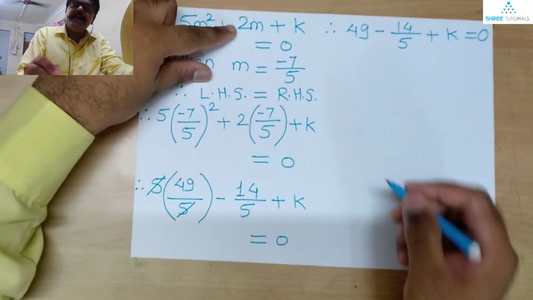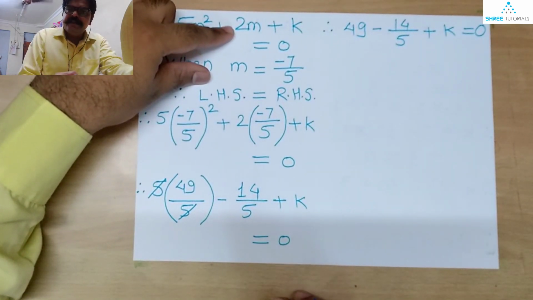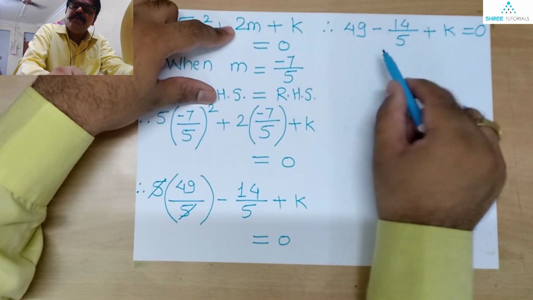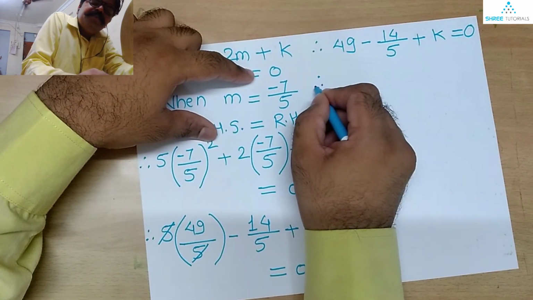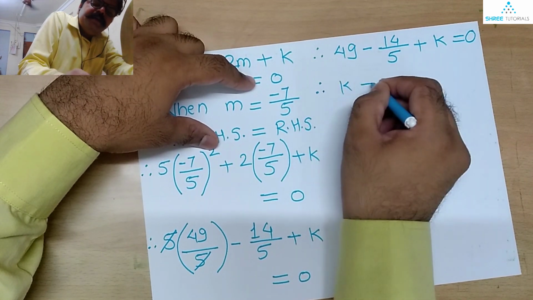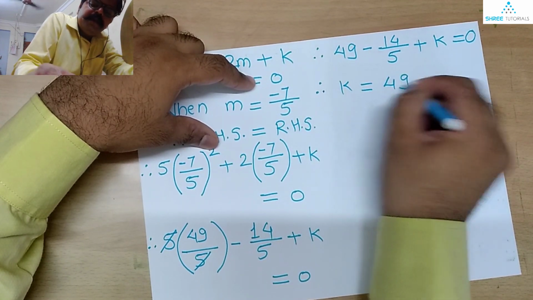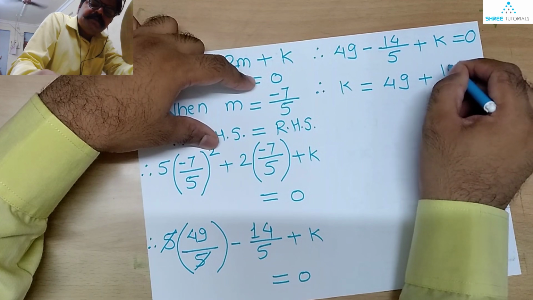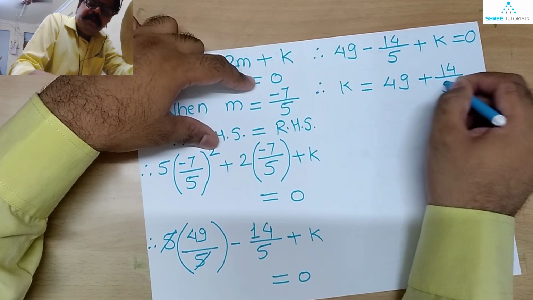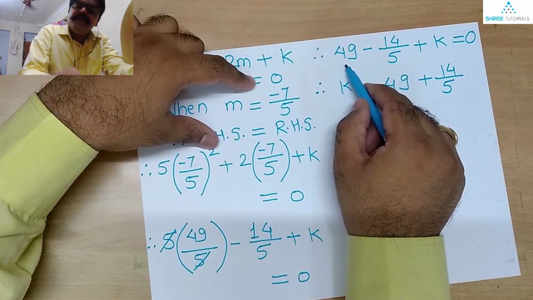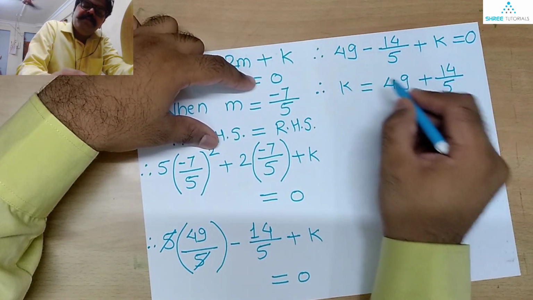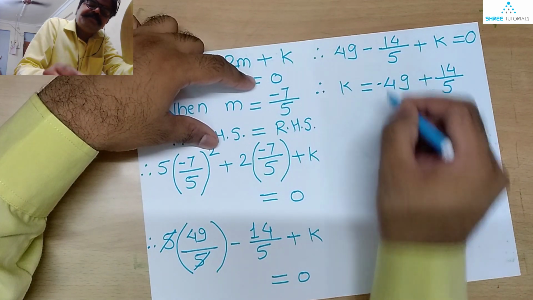Now we are actually interested in k's value, therefore everything else we are going to move on the right hand side. Therefore k is equal to minus 49 plus 14 divided by 5. Kindly note over here, after crossing the border, 49 will become minus.